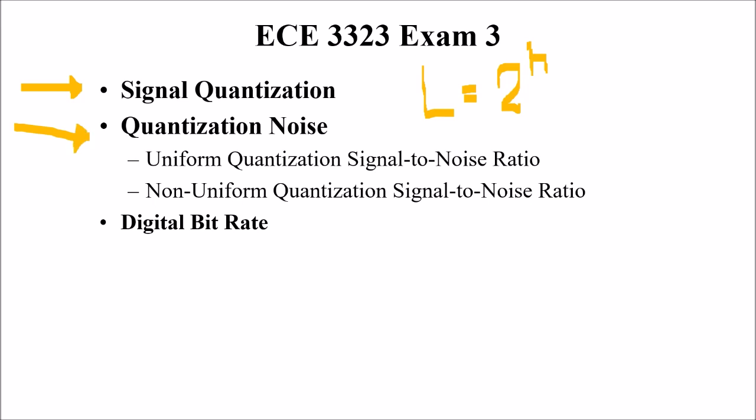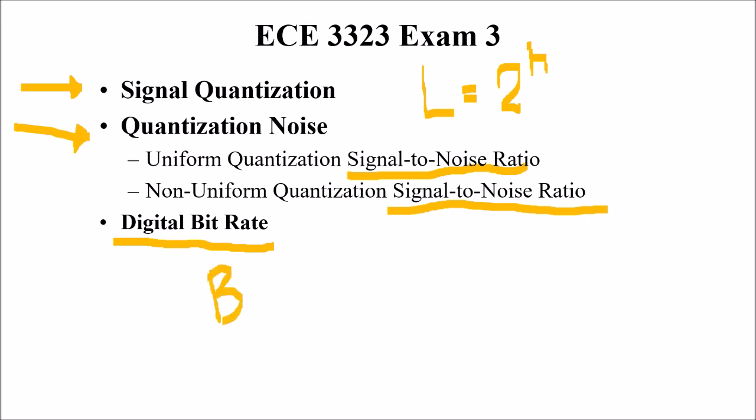So we have an equation to determine the signal to noise ratio for uniform quantization with a certain number of levels. And we also have an equation to determine the signal to noise ratio for a non-uniform system using a mu law compressor. And at the end of this process, we can determine the digital bit rate. We're taking an analog signal, turning it into a string of binary numbers, and that produces a binary signal that proceeds at a certain bit rate.